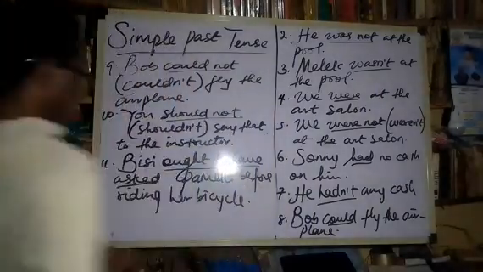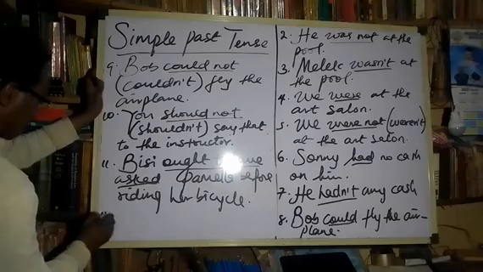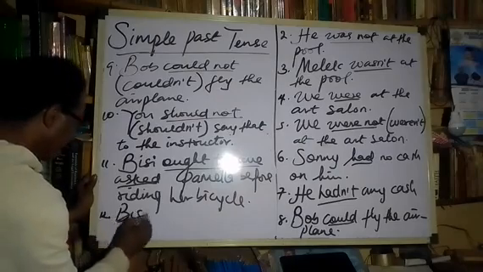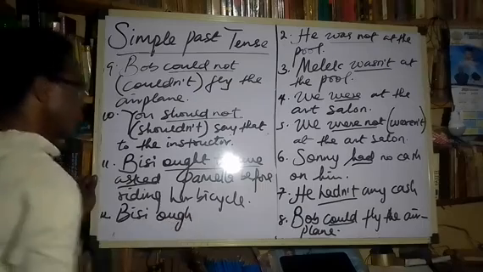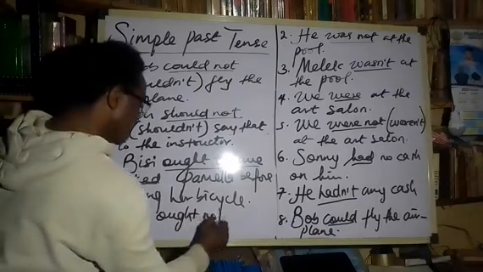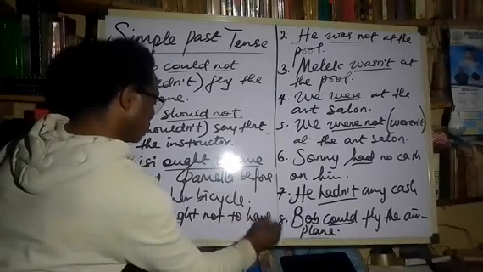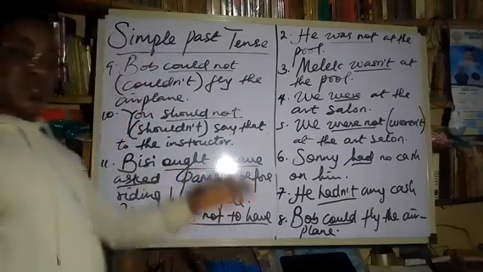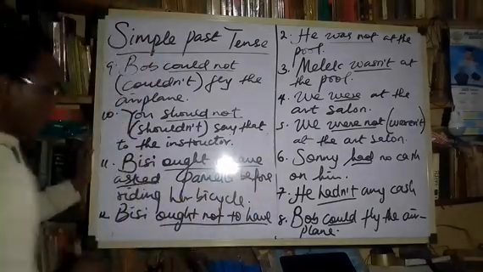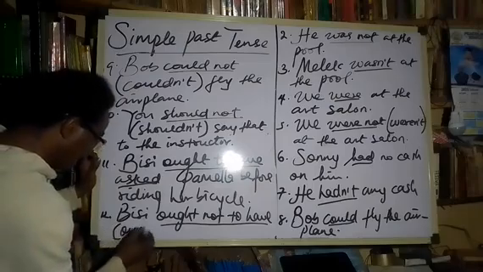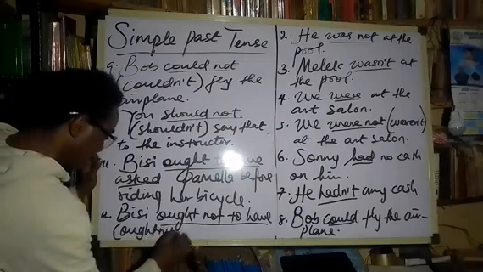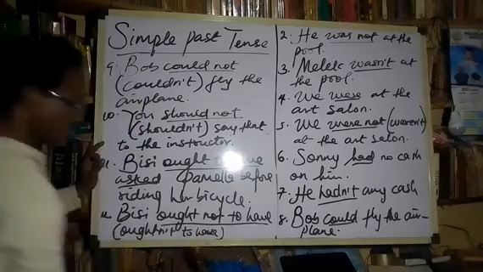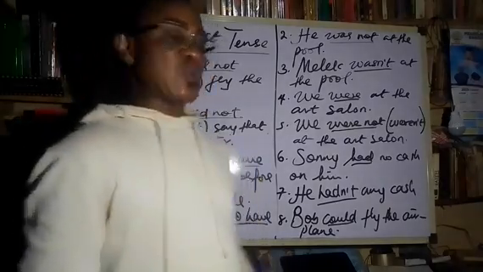Let us take number 12. BC ought not to have. That is the negative. BC ought to have. BC ought not to have. Now, ought not to have is contracted as oughtn't to have.